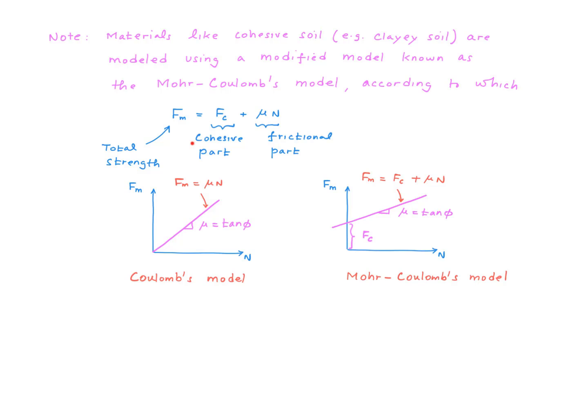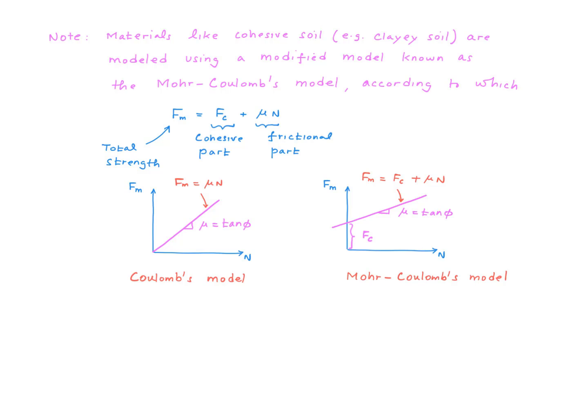So basically what we are saying here is that the resistance offered by something like a cohesive soil has two parts to it, a cohesive part and a frictional part. This cohesive part is independent of the normal force N. In other words, even if you don't have any normal force N, there's still going to be a certain amount of resistance, and that is exactly equal to the cohesive part.